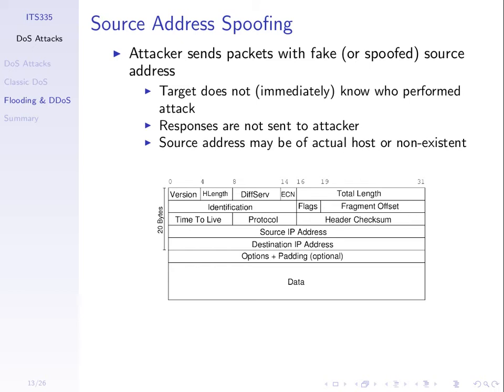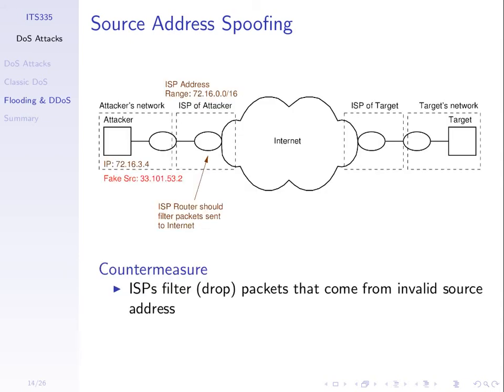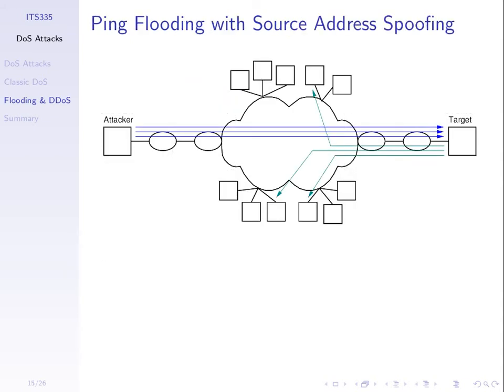But we'll also use a fake source address or spoofed source address to facilitate the attack, to make the attack more powerful. And how do we do that? We'll skip back to some slides where necessary.